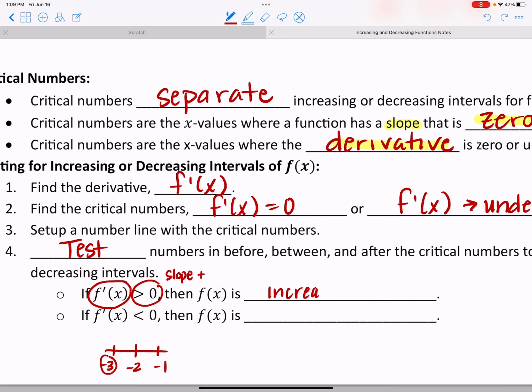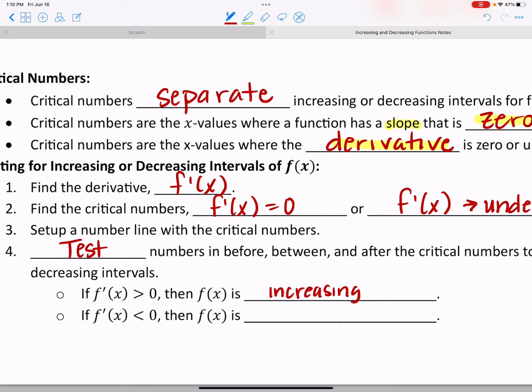So we're going to test a number, making a big mess here. Before, between, after critical numbers, if we plug those test numbers into our derivative function, when we get something bigger than 0, again, that indicates a positive slope, which means our function, which is what we're trying to identify the behavior of, is increasing.